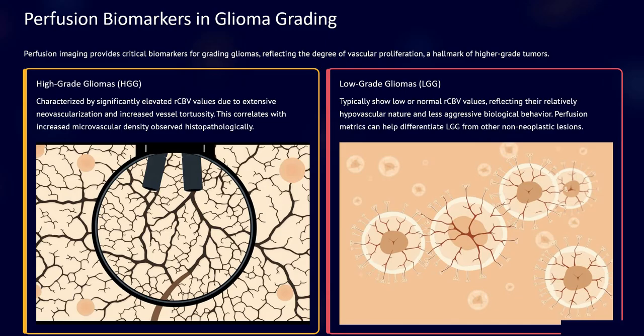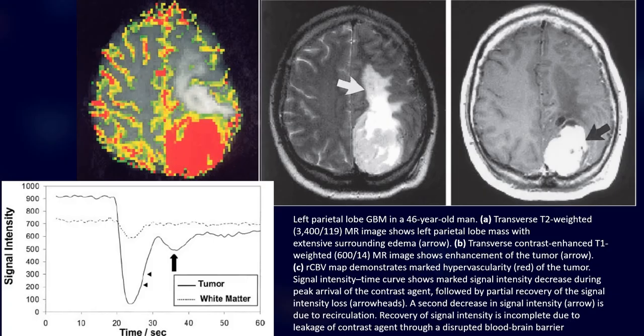Also, we can use perfusion weighted imaging to differentiate neoplastic from non-neoplastic lesions, and to differentiate glioma from lymphoma. This patient with a left parietal GBM shows hypervascularity and hyperperfusion, with relative cerebral blood volume much higher than normal.